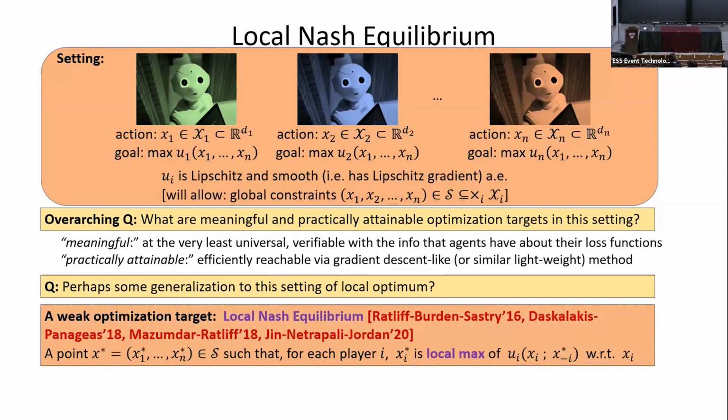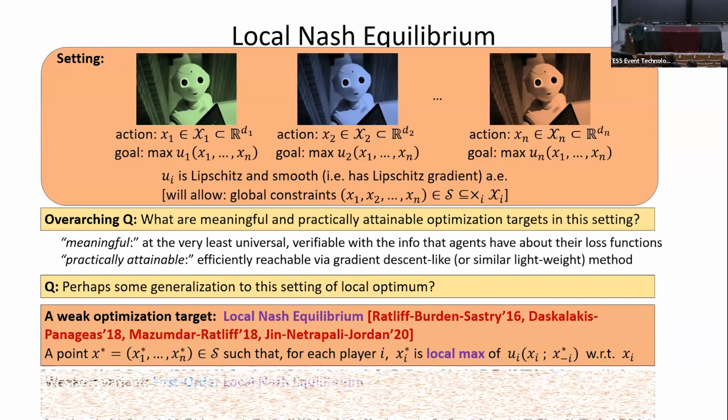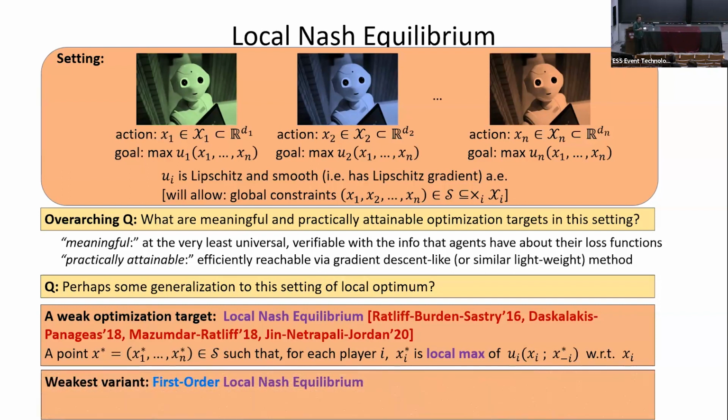I want a setting for the parameters of every agent such that every player, given what the other guys are doing, is playing a local opt to their utility, as opposed to a global opt to their utility, which Nash equilibrium would like me to have there. So that's very natural, except that local opt doesn't mean anything. So I have to be more precise about what local opt means.